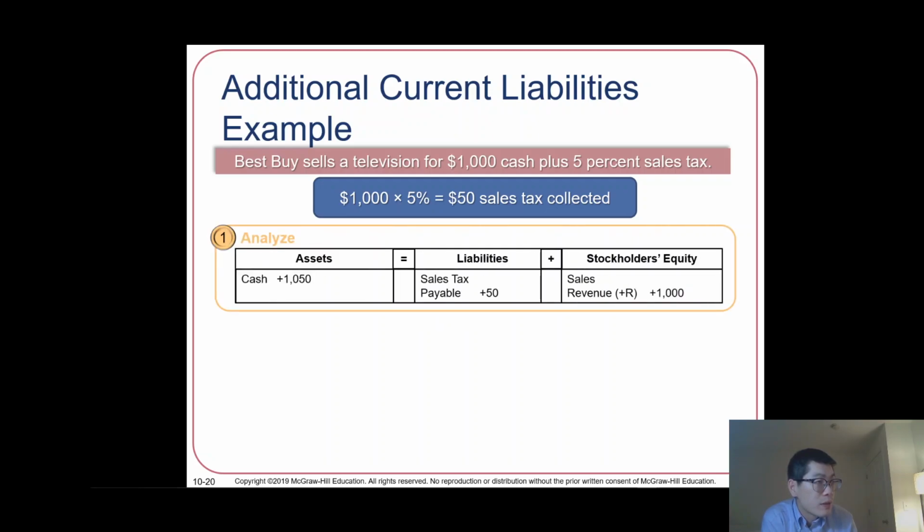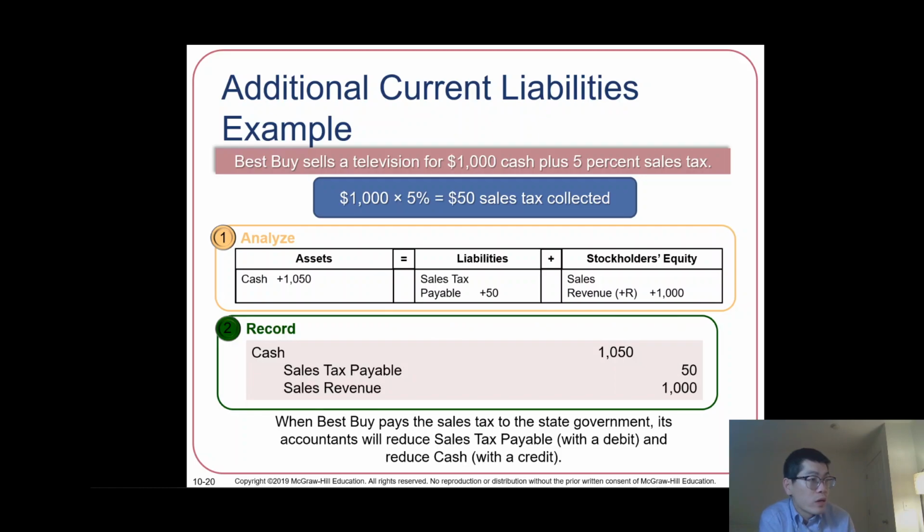In this case, we will have this journal entry recorded for the sales transaction. We receive cash, so debit cash $1,050, and credit sales tax payable, because we are holding on to these taxes and going to pay them in the future, when we have more sales transactions and pay them off together at the same time.